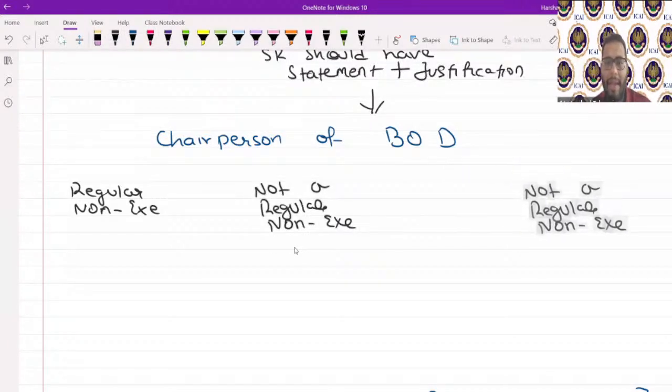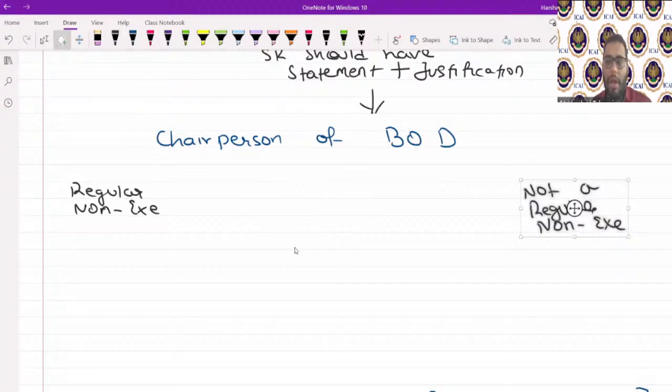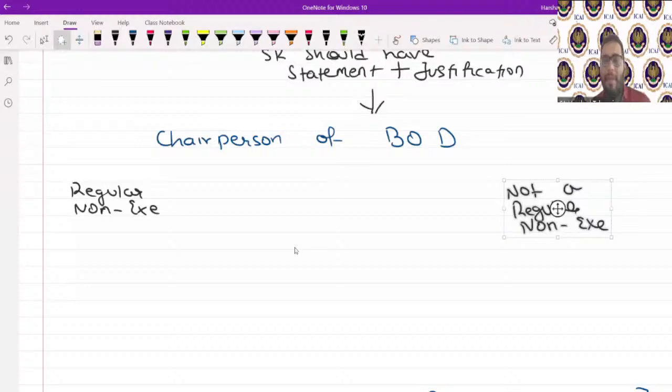There can be two things. Either he can be a regular executive director, or he cannot be a regular executive director, meaning he will be a non-regular or executive director.